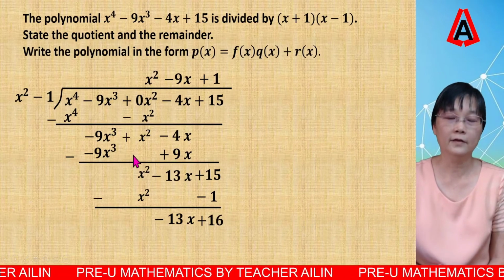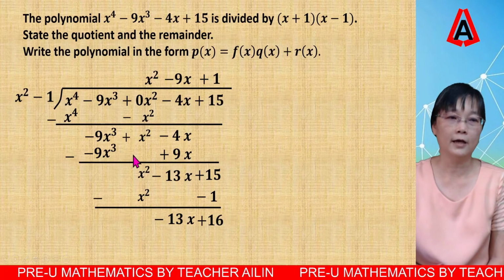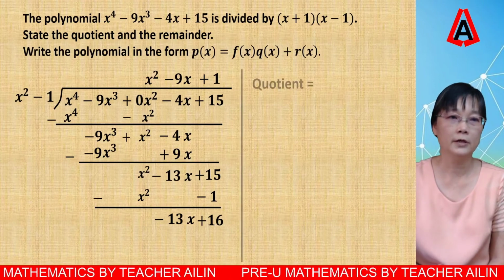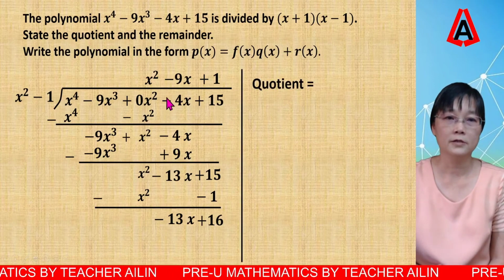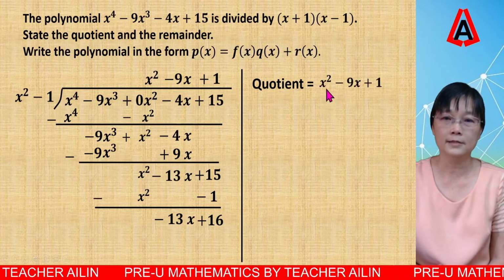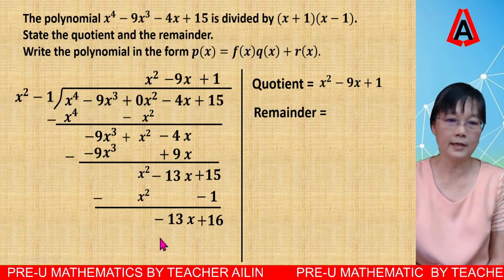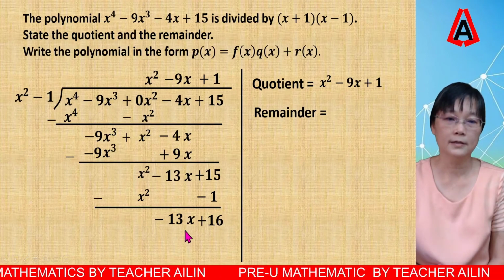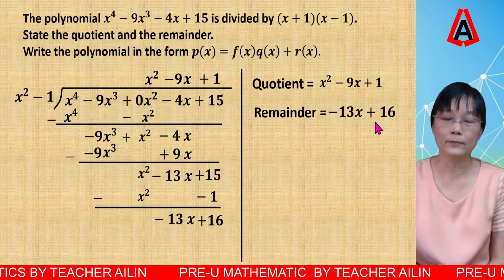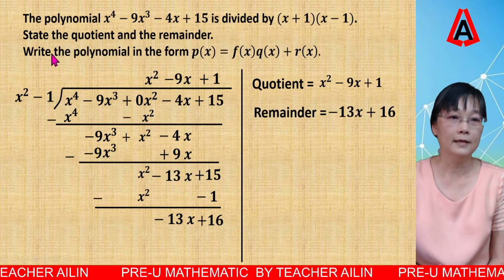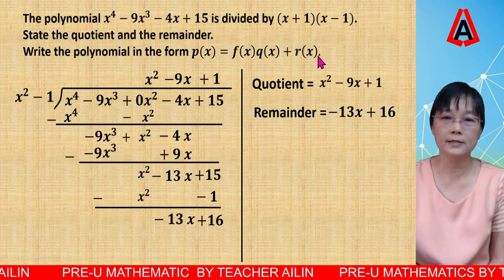So after we finish the long division, now we are going to write down the quotient. So based on the result, this is the quotient, and the remainder is at the bottom here, that is negative 13x plus 16.